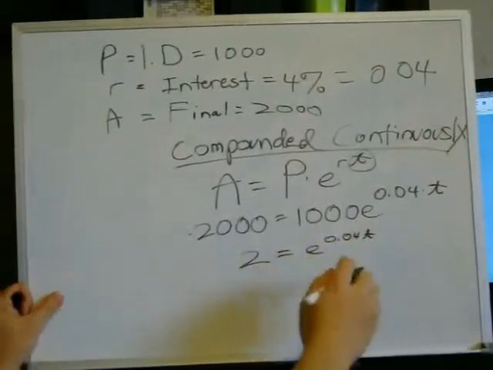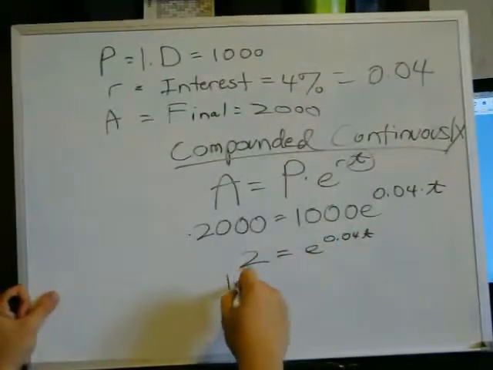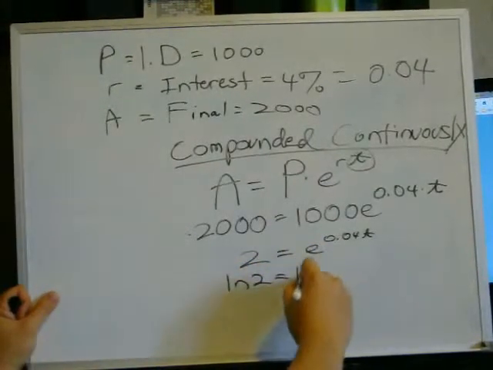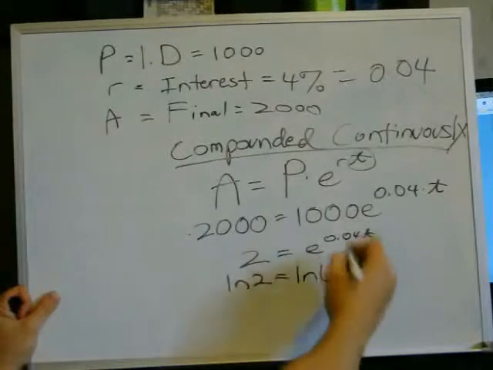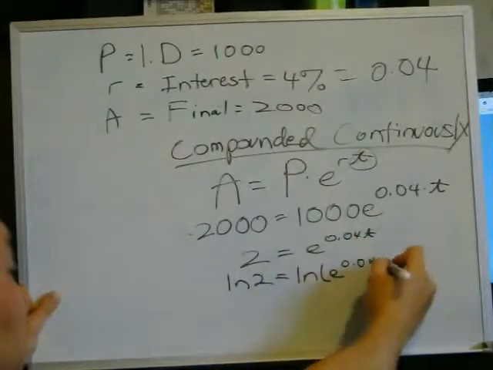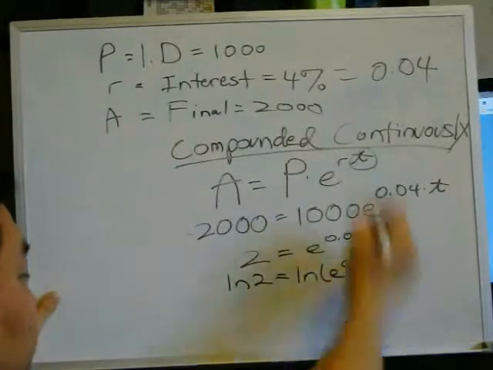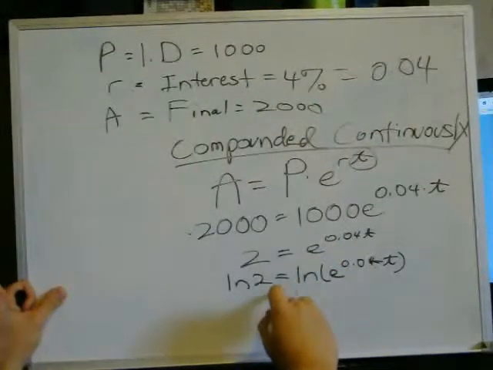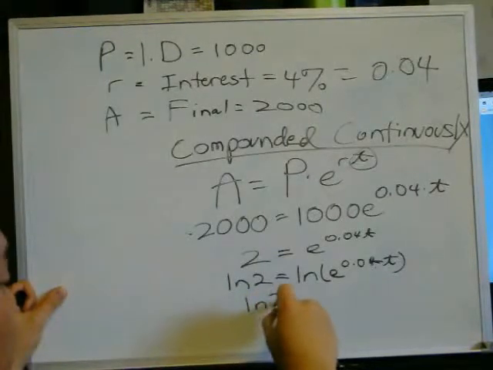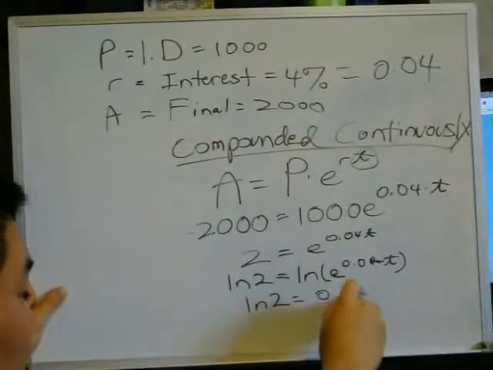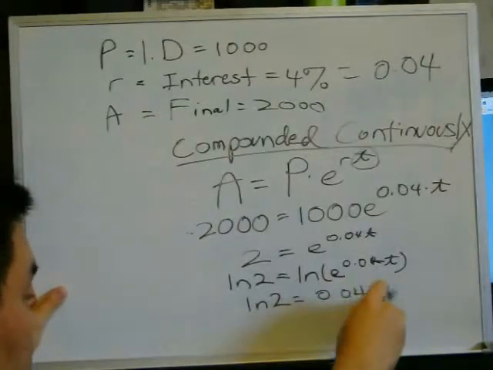To get rid of this e, take the natural log of both sides, so you get ln 2 equals ln of e to the 0.04 t. The ln and e cancel each other, so you get ln of 2 equals 0.04 times t.